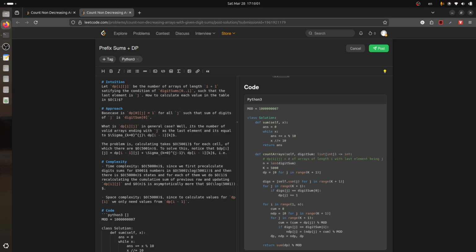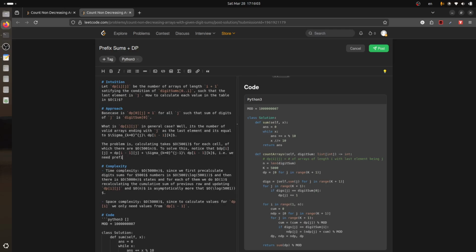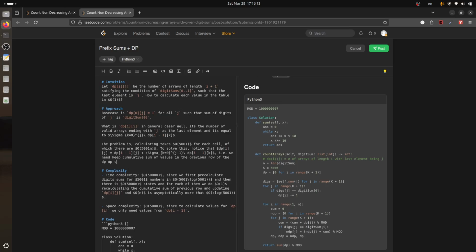So we need to keep the cumulative sum of values in the previous row of the dp up to j, including dp[i-1][j].